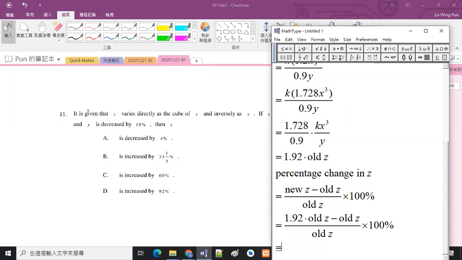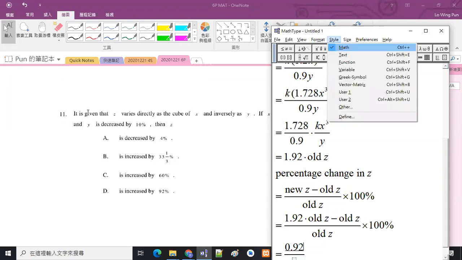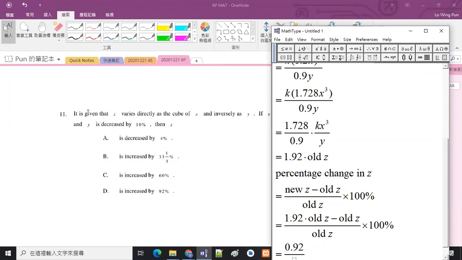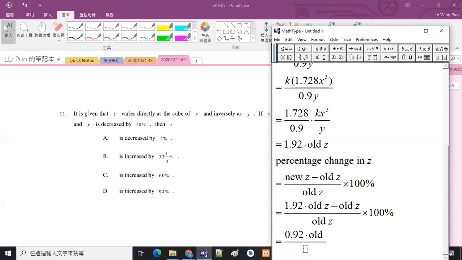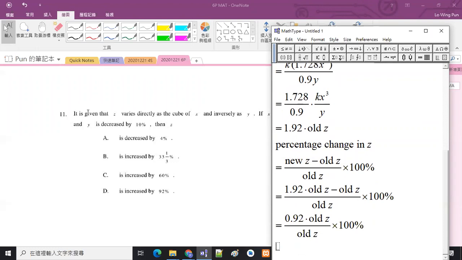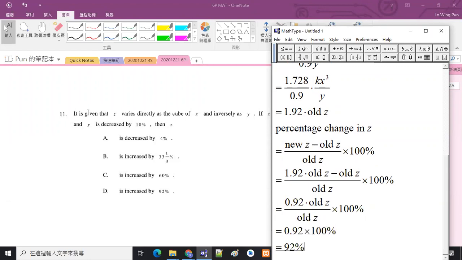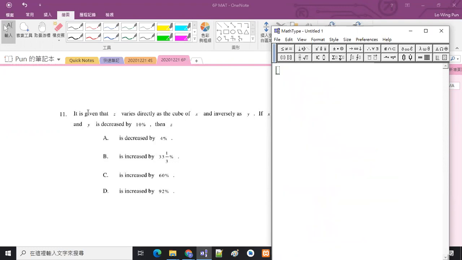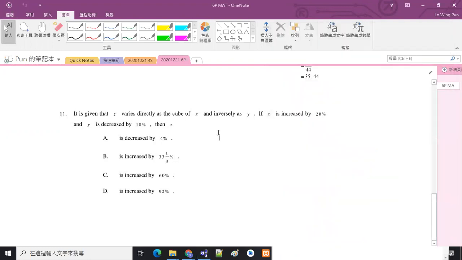So we have 1.92 times old z minus 1 old z, which means that it should be 0.92 times old z over old z times 100%. And then the old z and old z will be cancelled. So it should be 0.92 times 100%. And finally, it should be 92%. Okay, it is a positive 92%, which means that it is an increase by 92%. So the answer is option D.